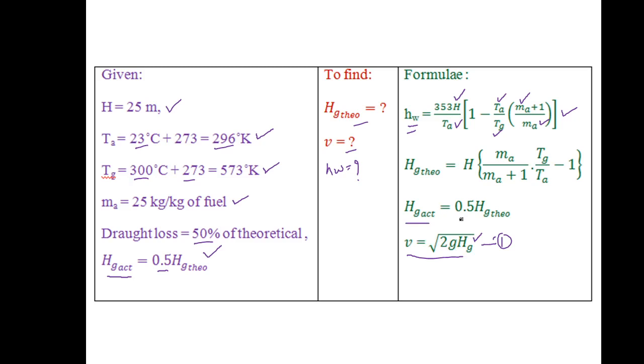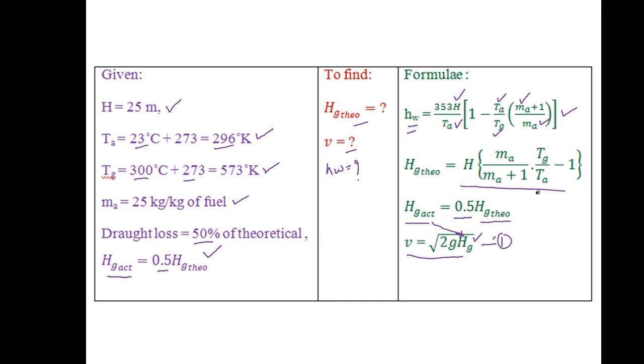To find Hg actual we multiply Hg theoretical by 0.5, that is, the draught produced in terms of gas column. Theoretical draught in gas column is obtained by the formula which we have already derived.